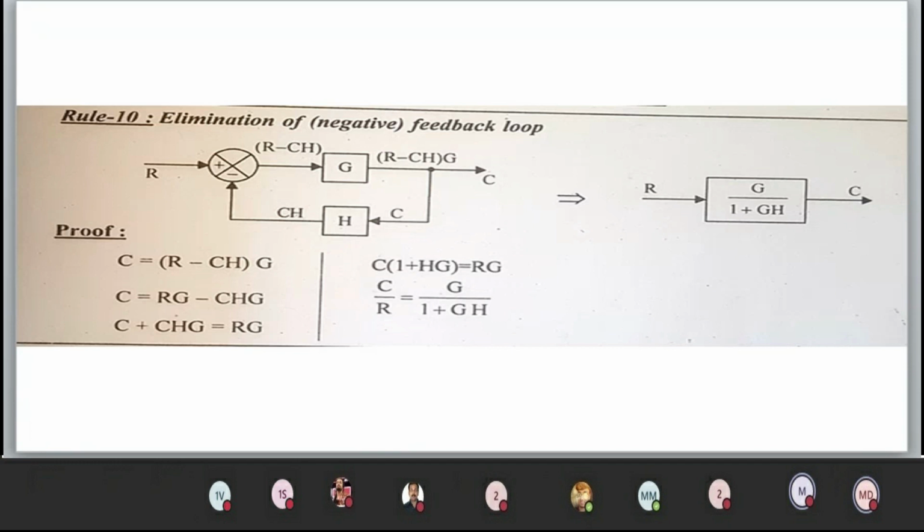Feedback is of 2 types. One is positive feedback, another one is negative feedback. If the feedback factor has a negative sign, it is negative feedback. And if the feedback factor has a positive sign, you call it as positive feedback.